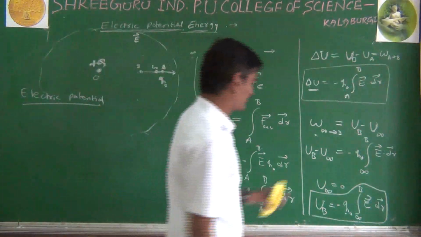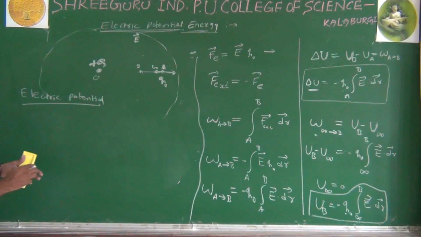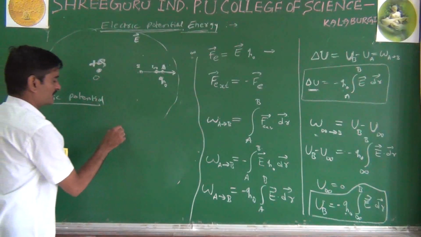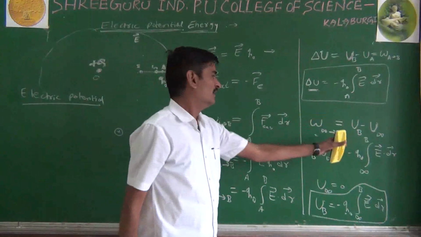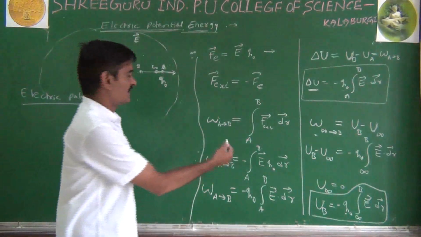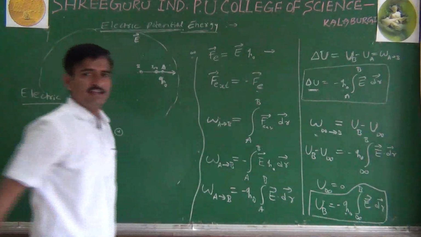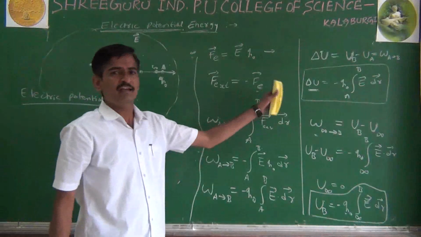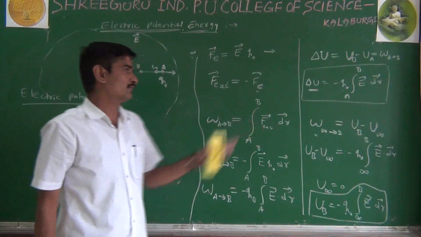Here are some points you have to remember about electric potential energy. The work done, that is the external work done, is nothing but the work done against the electric force, because the external force is equal and opposite to the electric force.